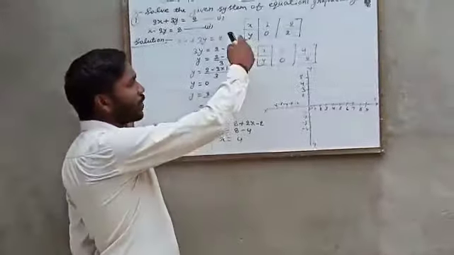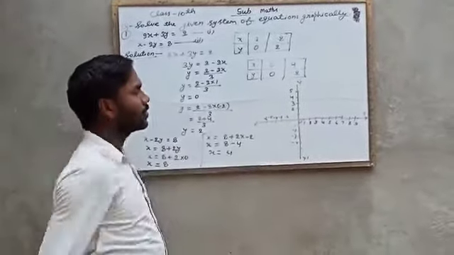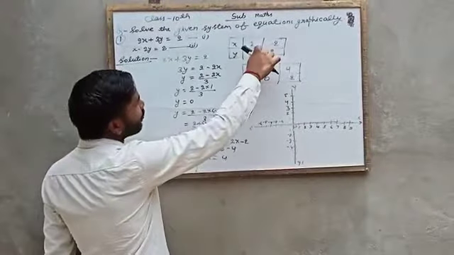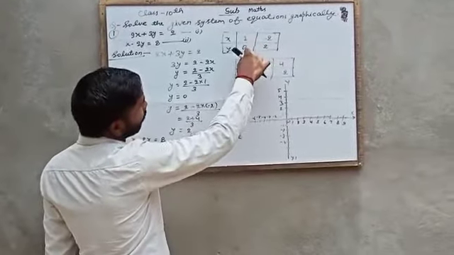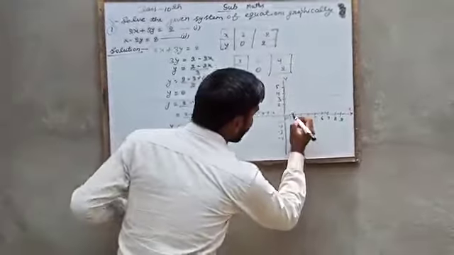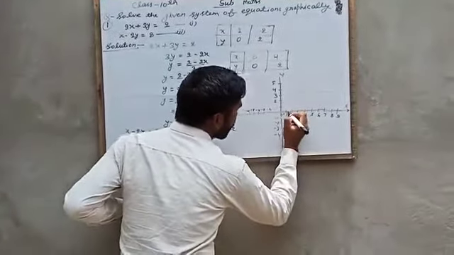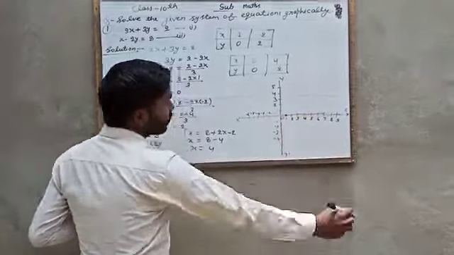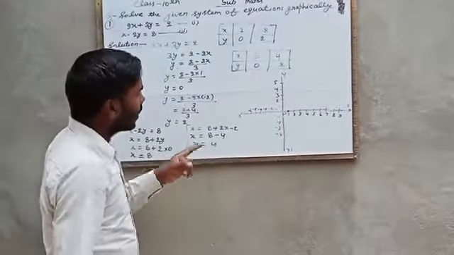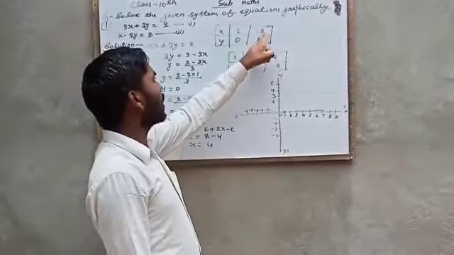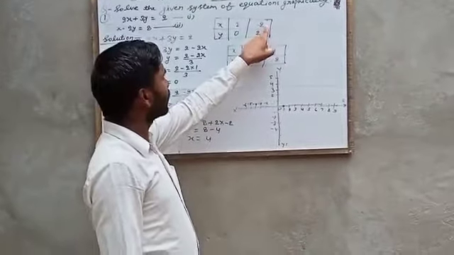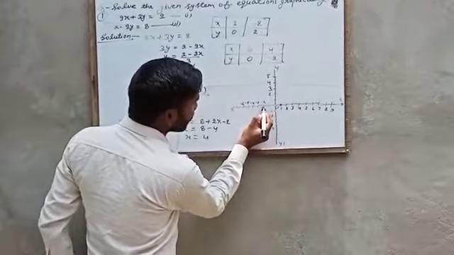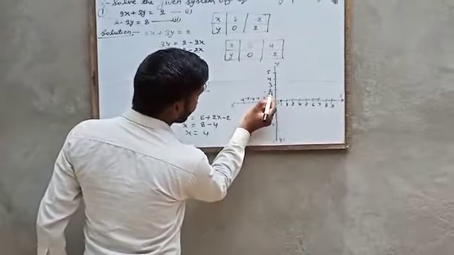Now we will plot the given coordinates in this graph. When x is equal to 1, then y is equal to 0, so it represents this point. Again, if x is equal to minus 2, then y is equal to 2, meaning x is equal to minus 2 on this side and y is equal to 2 here.